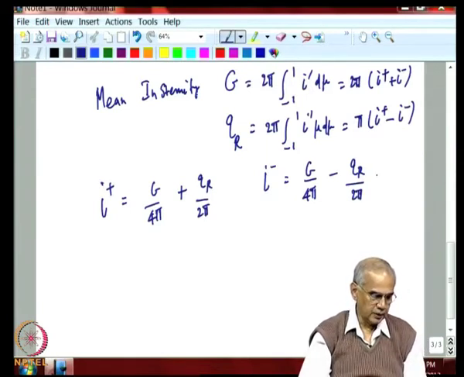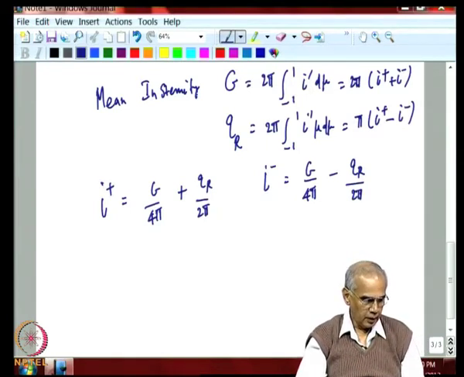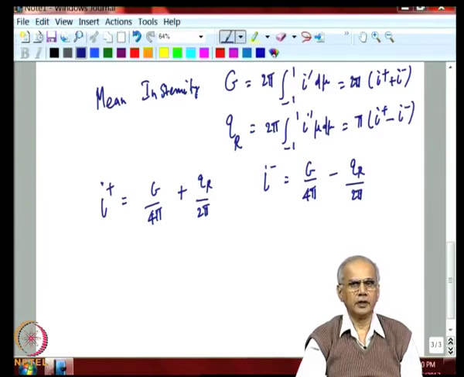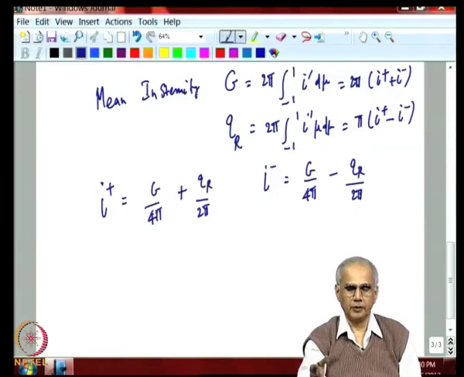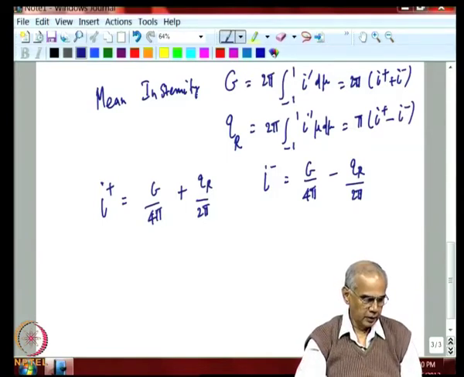So, what this tells us is that the upward and downward intensities are different because there is a radiative flux in the system. Radiative flux is nothing but the difference between upward and downward, and they are not the same because of the radiative flux.